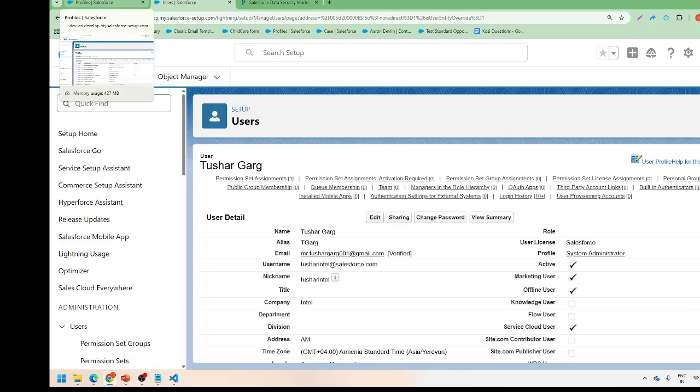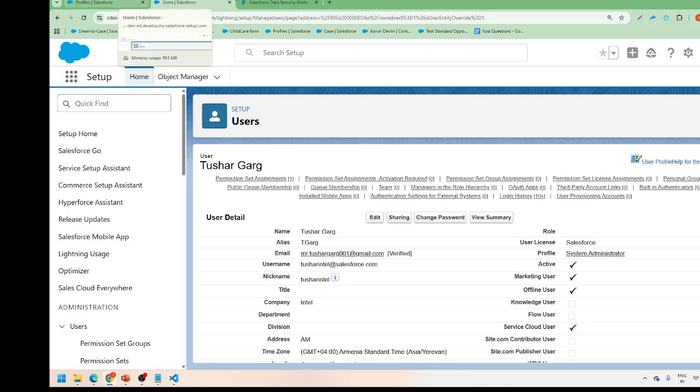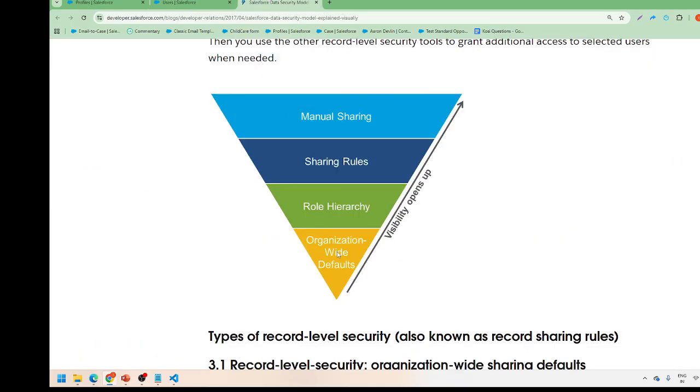Now, after the profile, there are some other things which we have in Salesforce, like OWD (organization-wide default), role hierarchy, sharing rules, and manual sharing.